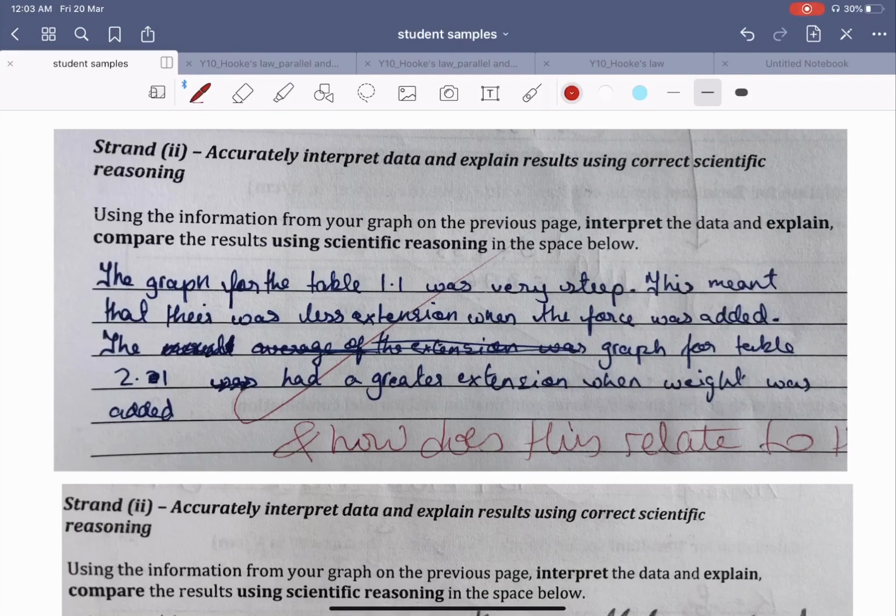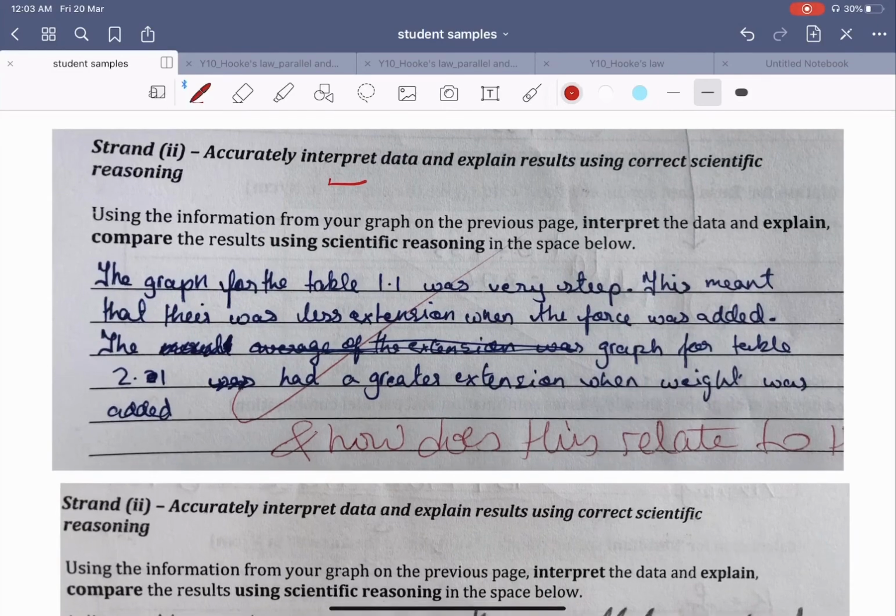Okay? So what I need to see here is how did the IV affect my DV? That's all I want to get from the investigation. I want to see how changing the combination of the springs affects my resultant constant.